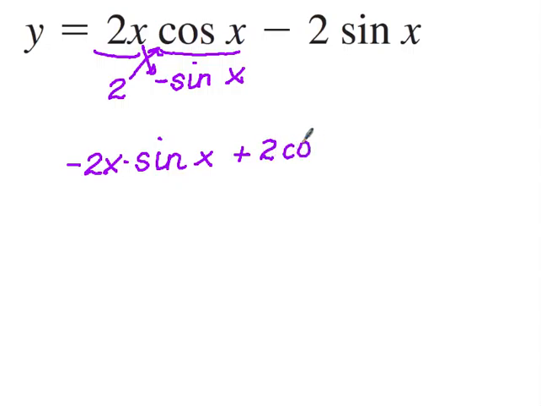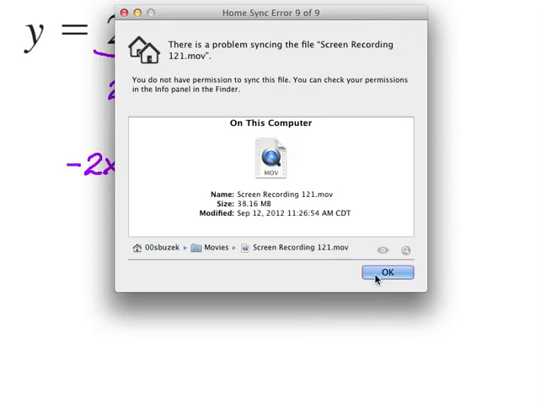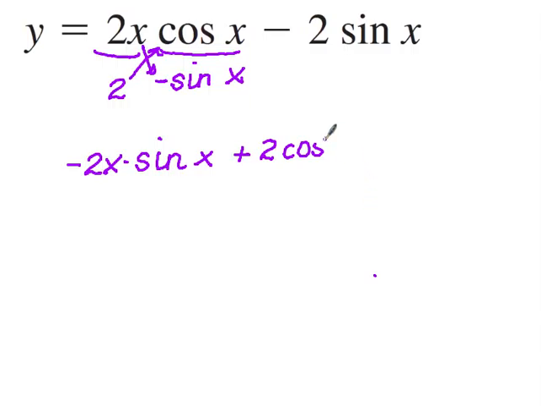Okay, now that is just the product rule, and we still have, good grief, one additional thing we need to find the derivative of, and that's this. So I have minus 2 sine x. What's the derivative of sine? Cosine.